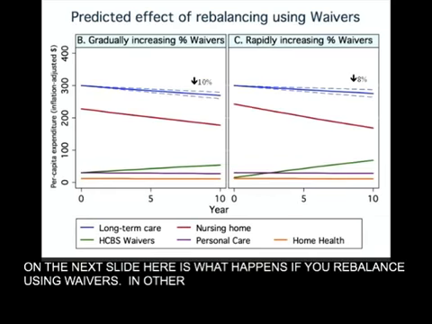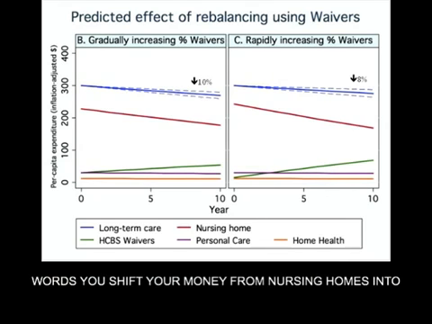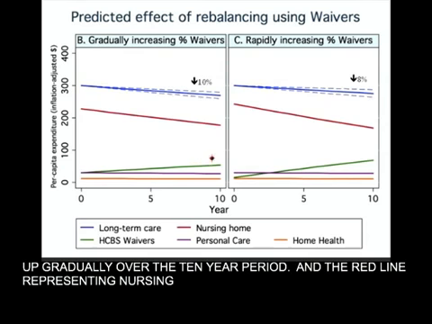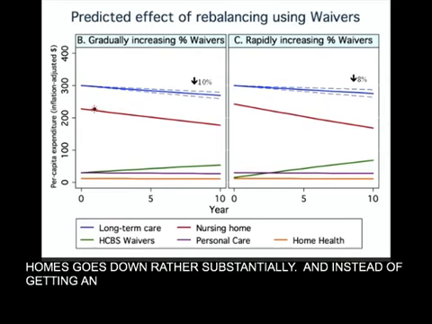Okay, on the next slide, here's what happens if you rebalance using waivers. In other words, you shift your money from nursing homes into HCBS waiver programs. And now you can see that the green line here goes up gradually over the 10-year period, and the red line representing nursing homes goes down rather substantially.